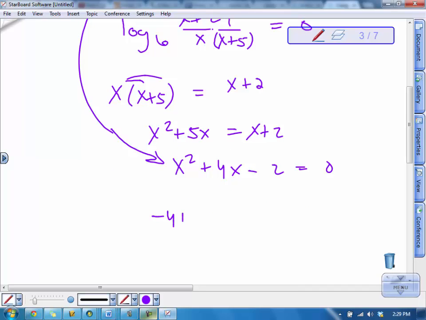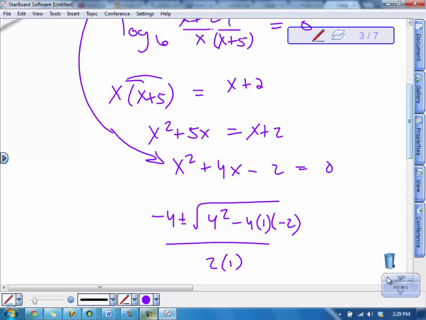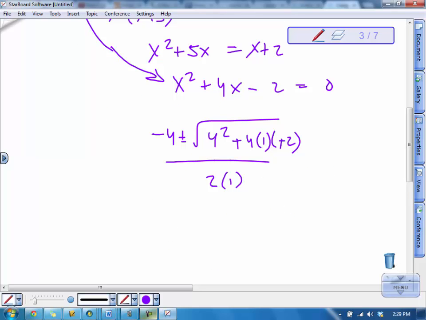Opposite of b plus or minus the square root of b squared minus 4ac all over 2a. In which case these double negatives go positive. I end up with 8 plus 16, which is 24, over 2. I'm going to make this the same as 4 times 6, 6 times 4. That way I can evaluate the square root of 4 as 2.